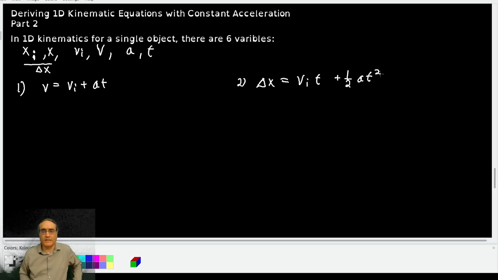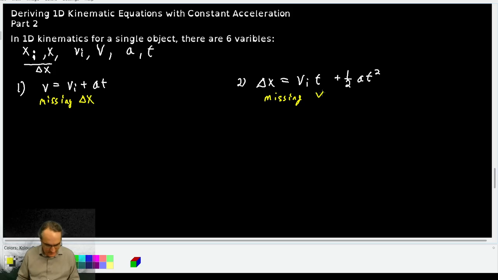Now, each one of these is actually missing one of the 5 variables that I've just listed above. This first one is missing delta x. The second one is missing v. And the reason there are 5 kinematic equations is each one of them is eliminating one of those 5 variables.